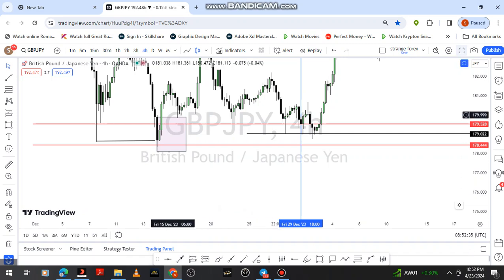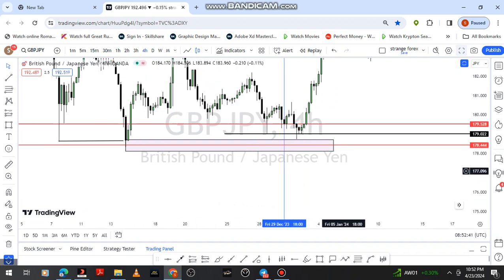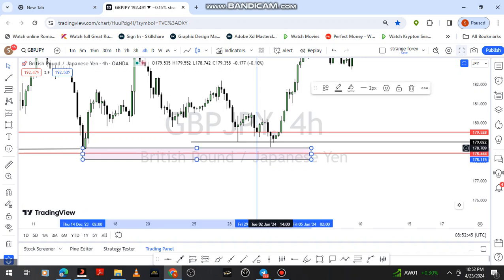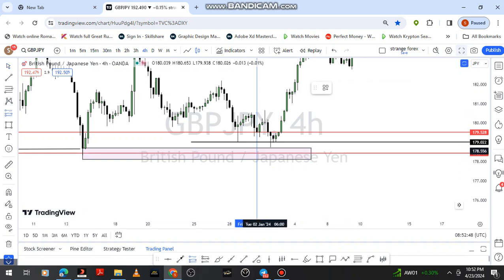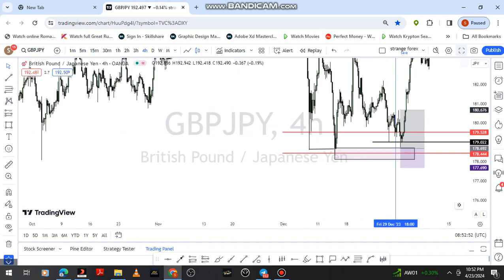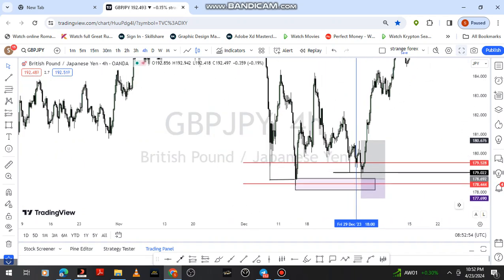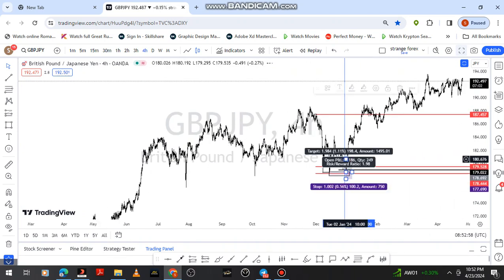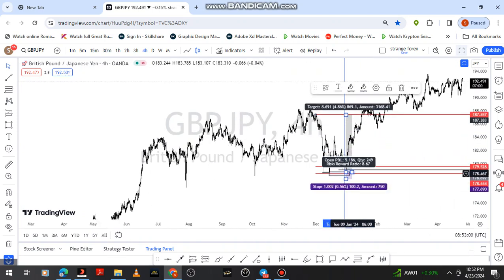You can even extend it to this point on the week. So you can have your entry based on this, from here, and have your stop loss here. And you know that you're going to hold for the next month, for the whole month, up to this point.